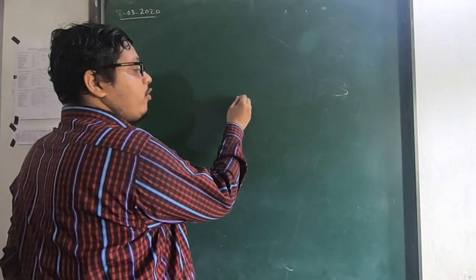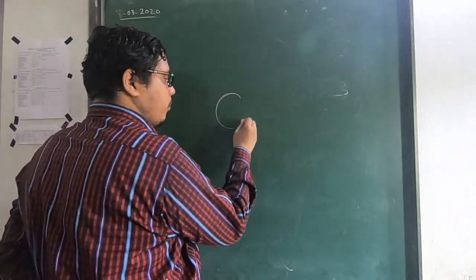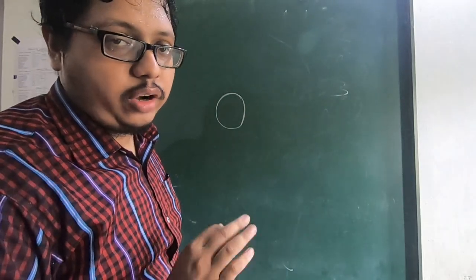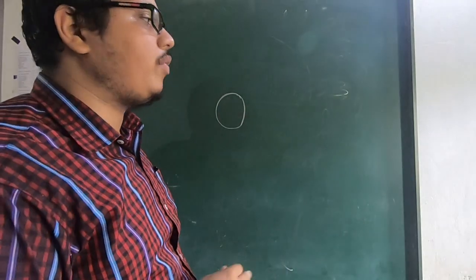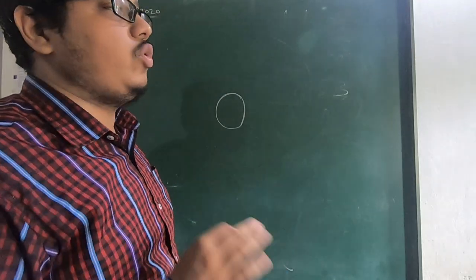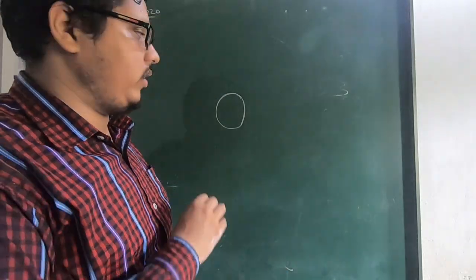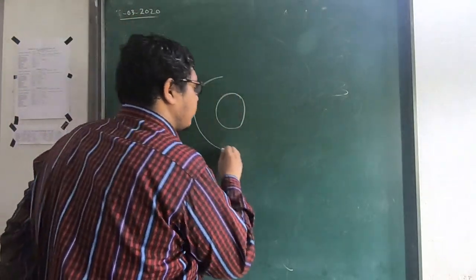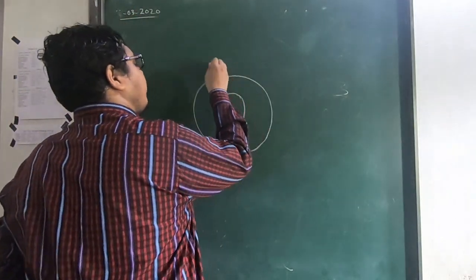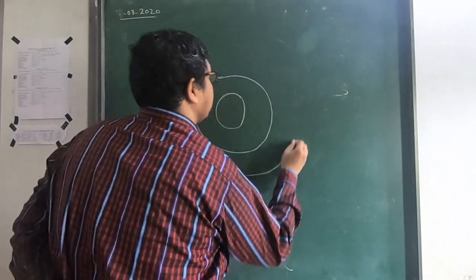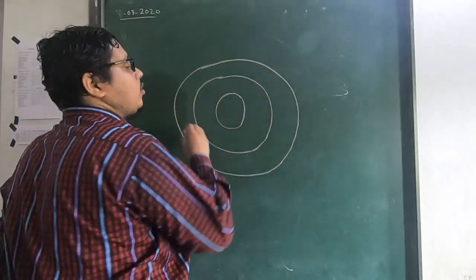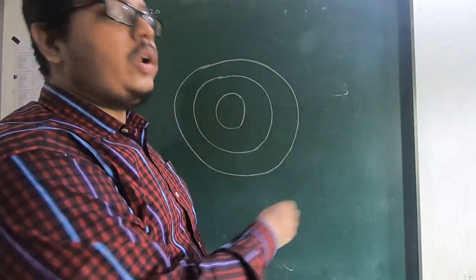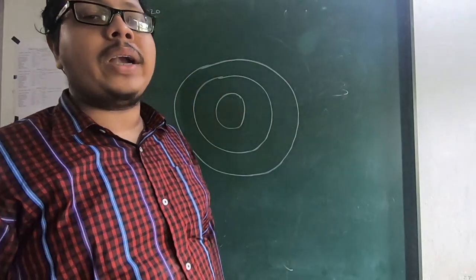If you remember, according to that model of the atom, we have the center of the atom, which is known as the nucleus. And we have imaginary circular pathways surrounding the nucleus, and we call them what?